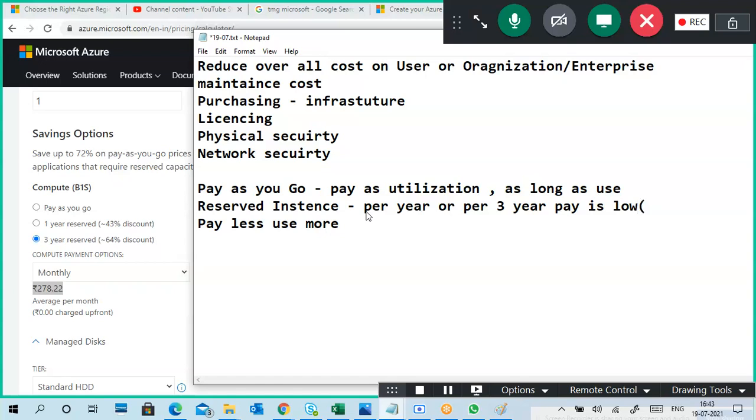You can save almost 72% of the overall price. Reserve instances are for saving money, like that.